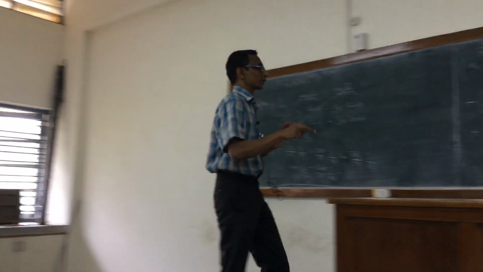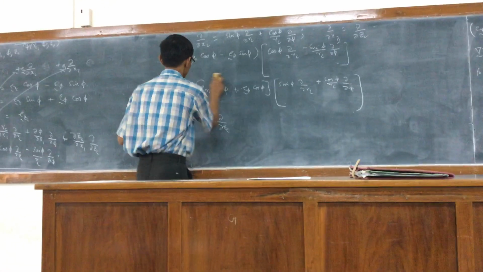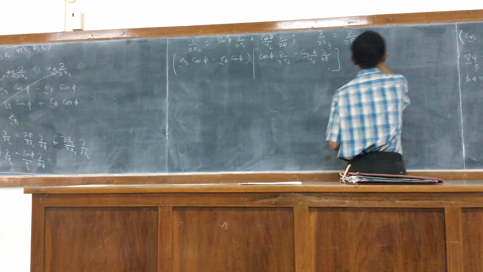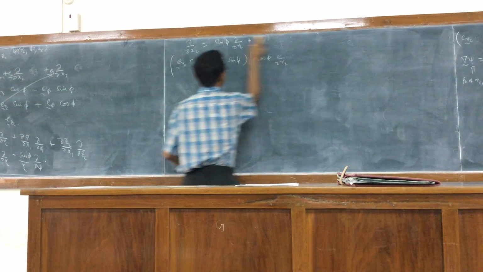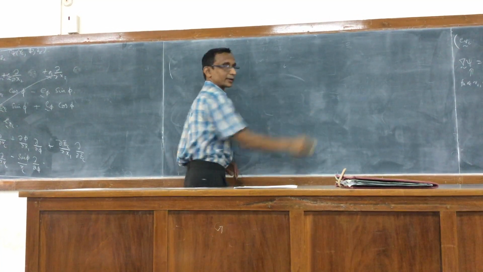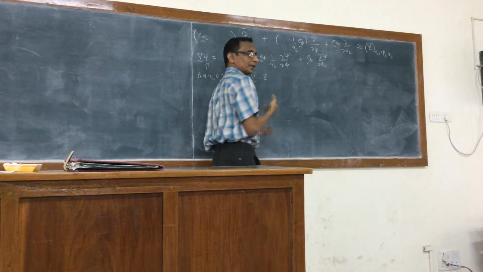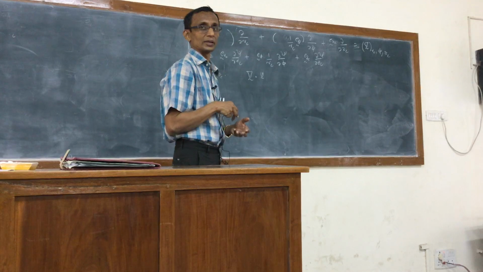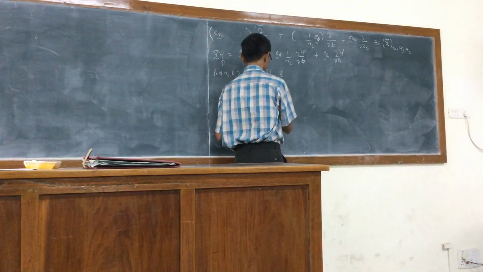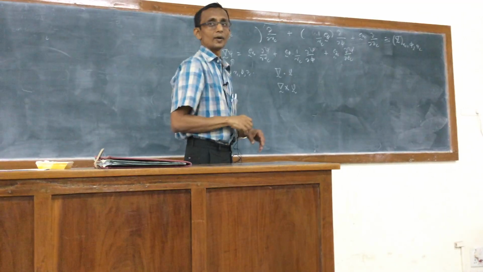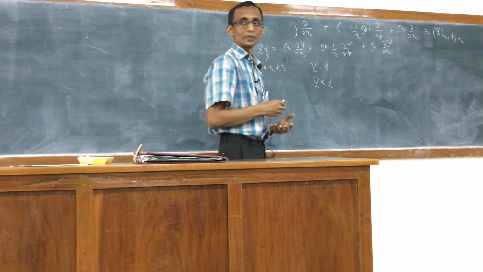Now, how would its action on a vector be? I can recall at least 3 operations of the gradient operator on a vector. One is the divergence of velocity, which can be any vector actually, right? So I just take this as B, and then I can look at the curl of a vector, which is a vector.